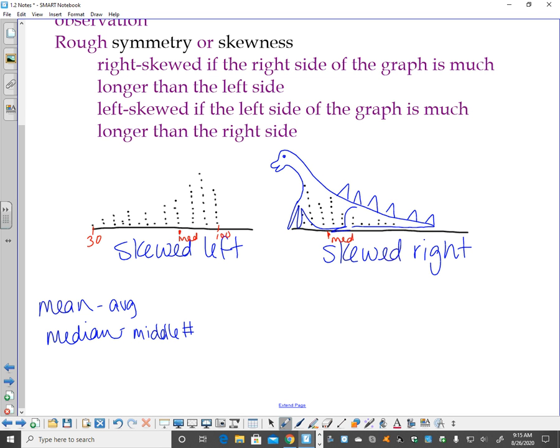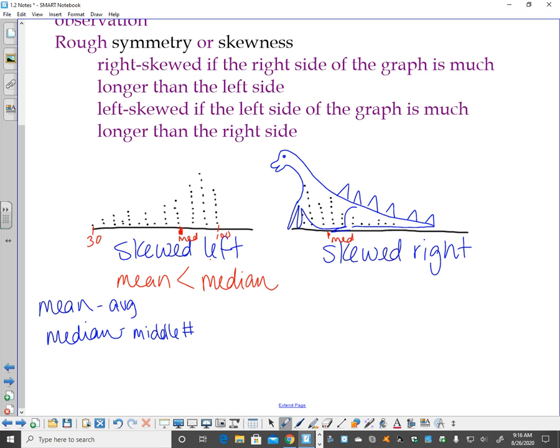But what do you think that 30 and the couple of 35s and maybe the couple of 40s or 50s, what is that going to do to your actual average? It's going to pull it down. So when you are skewed left, your mean, your actual average, is less than the median.